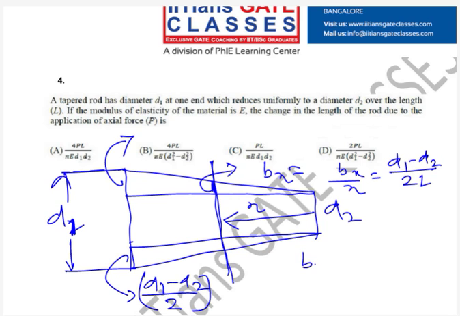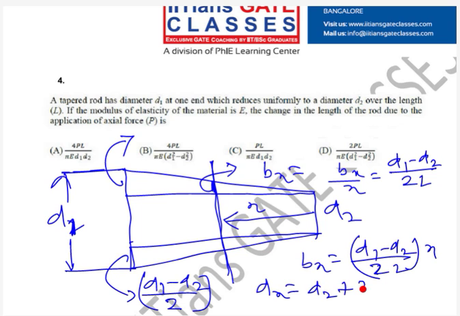So bx will be d1 minus d2 upon 2L into x. Now at any section, what is your diameter? Dx is nothing but d2 plus 2bx. We got the same formula previously also: d2 plus d1 minus d2 by L into x. The 2 is cancelling, so we are getting the same formula.